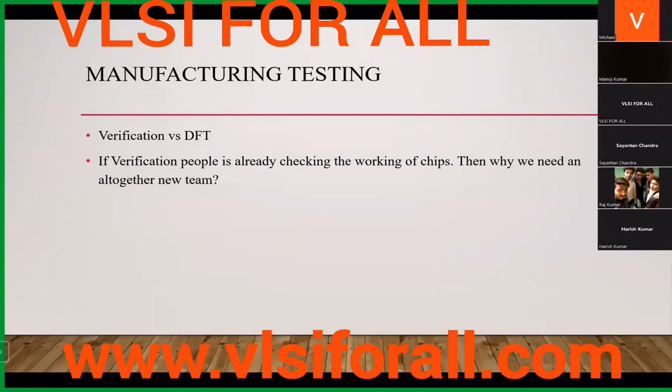Okay, so if you told half, I can say that's 50% correct. Verification people are doing functional testing, and what we are doing is manufacturing testing, right? Yes. It's not possible for verification to test the manufacturing parts.